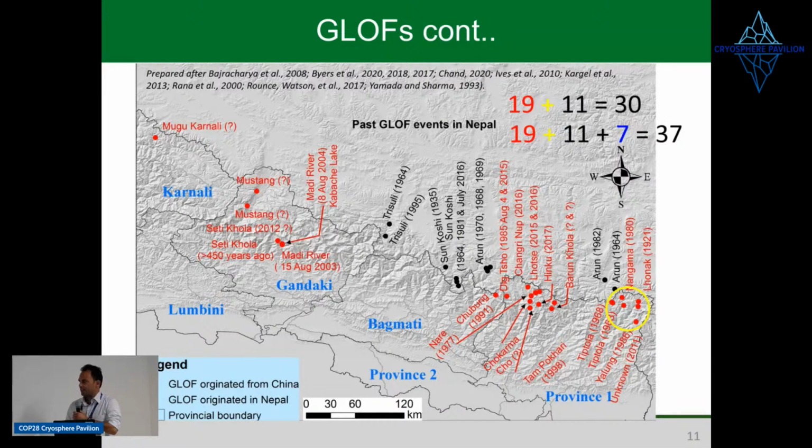Historically, although there was a significant impact in the 1960s or 1970s, there was no report of those floods. So we used historical imagery from American spy satellites, and also did some field verification with local people, and we found that at least 7 floods have been recorded in that particular region.